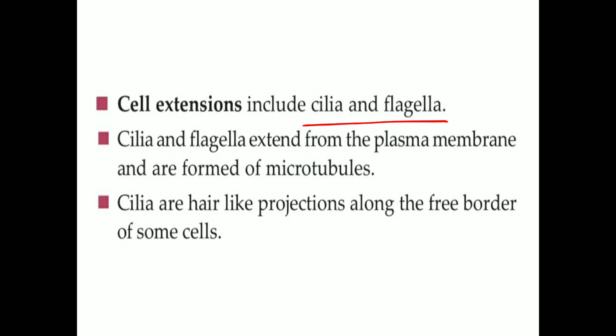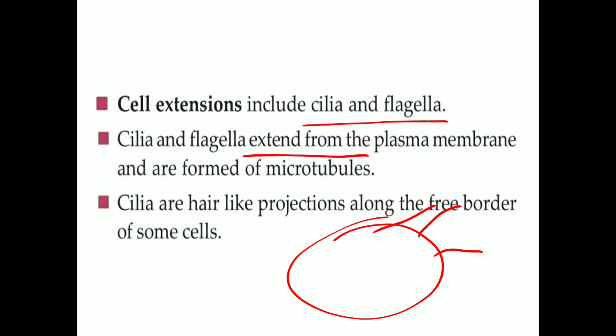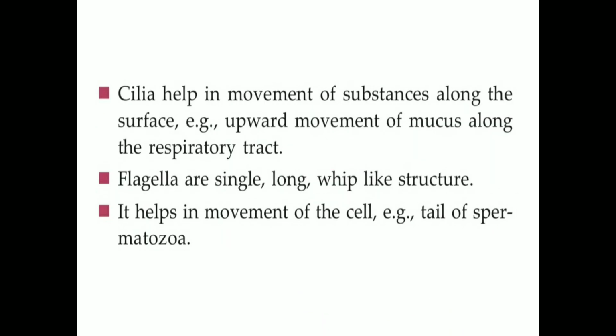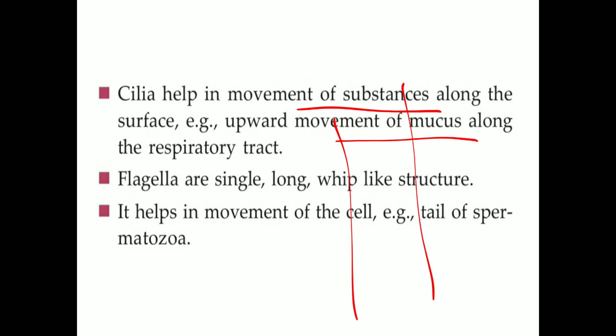Cell extensions, which include cilia and flagella, are extensions of the plasma membrane. Cilia are hair-like projections present on the free border of the cells, and they help in the movement of substances along the surface. Example, the movement of mucus along the respiratory tract.